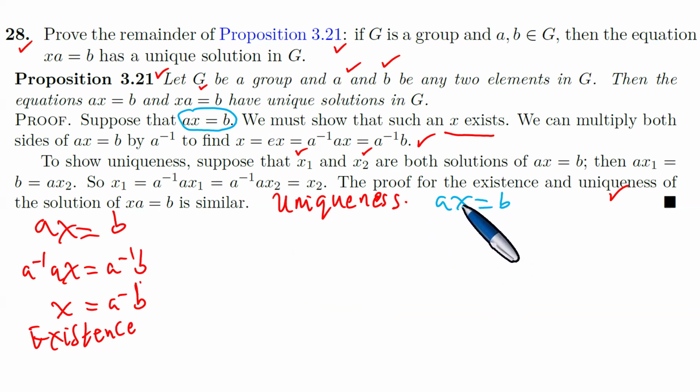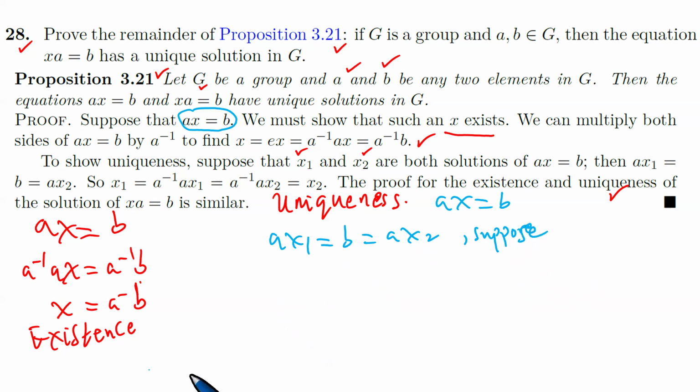A solution to this is X, so it's a value of X. It would mean, therefore, that AX1 equals B, which equals AX2. So now we are assuming that there are two solutions.